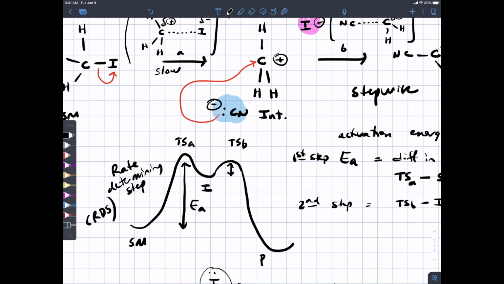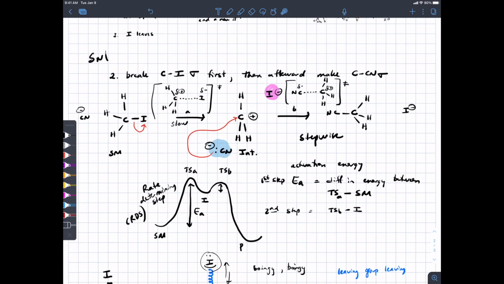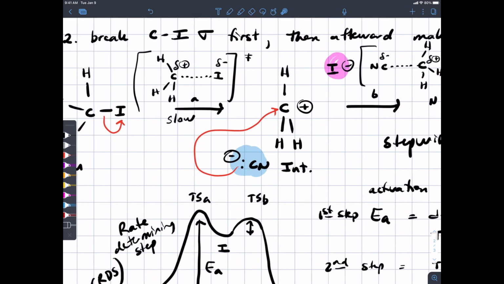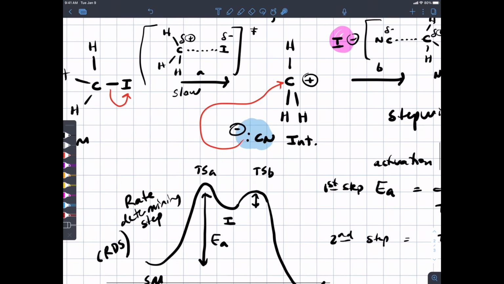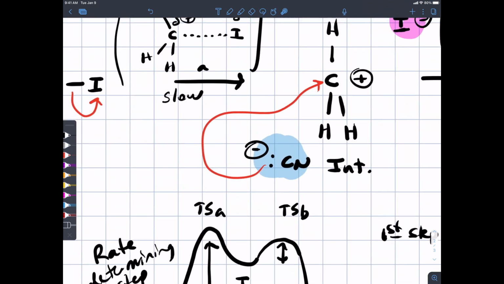It's low probability. Because of that, the transition state is high in energy. And the intermediate is also high in energy because you've broken a bond. Okay? One interesting thing that we'll talk about, it's called the Hammond Postulate, but it basically says that on an energy diagram, two adjacent states that are close in energy must also be close in geometry.